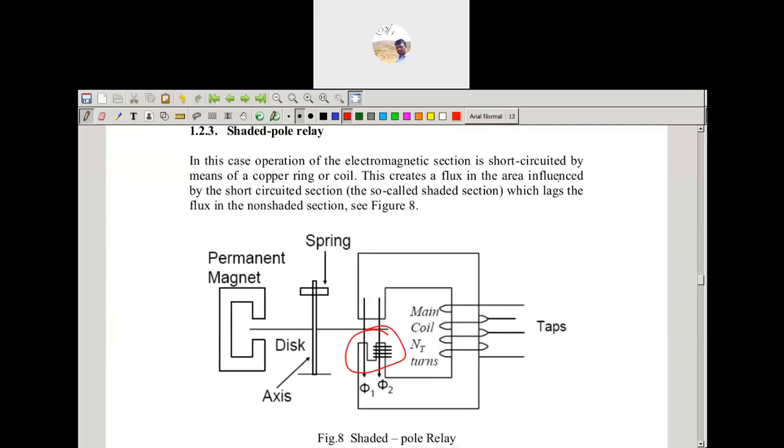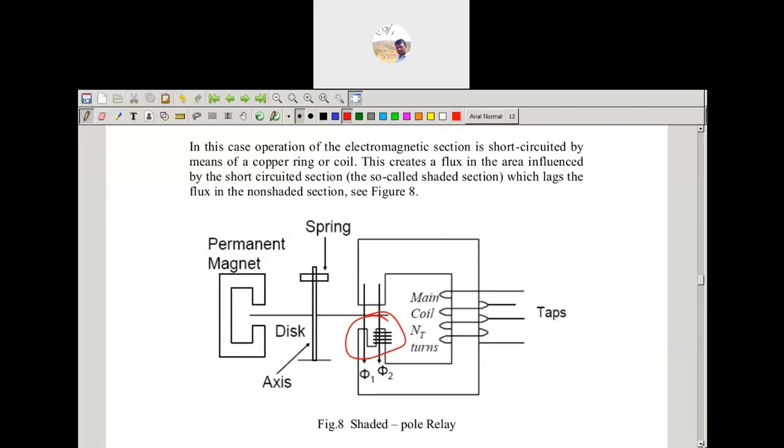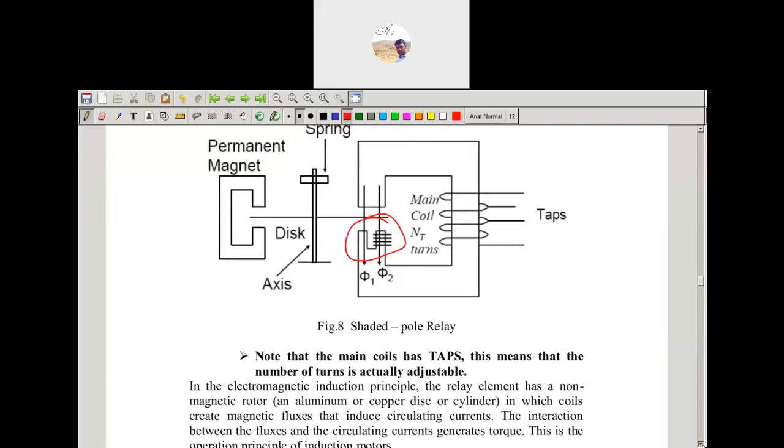This creates the flux around the area into the short circuit, so it is the shaded section, which lags the flux in the non-shaded section. This will vary the input, the magnetic flux variations in the circuit.